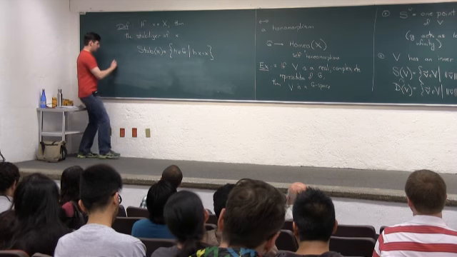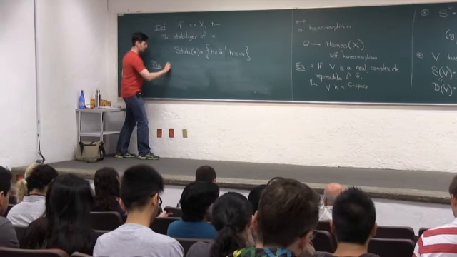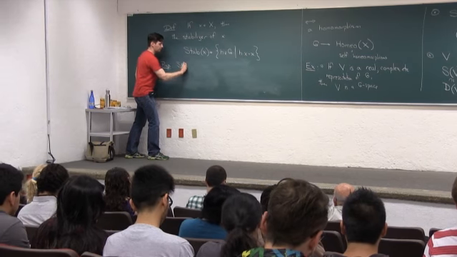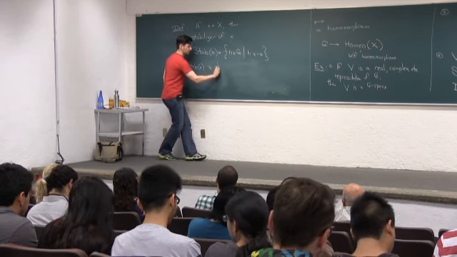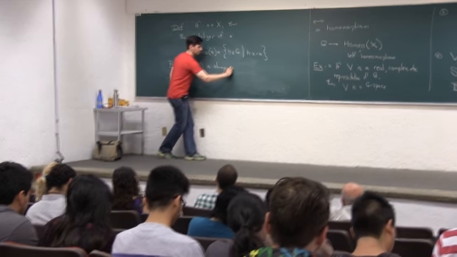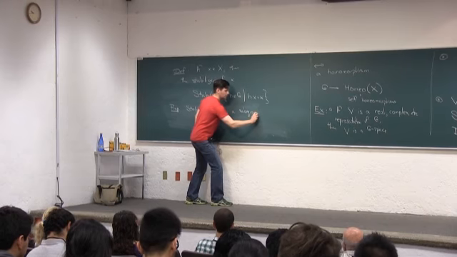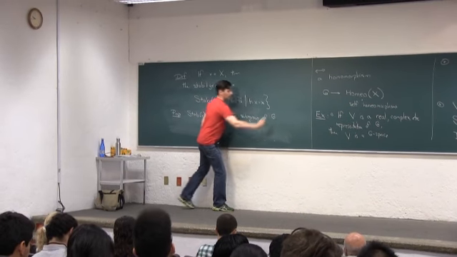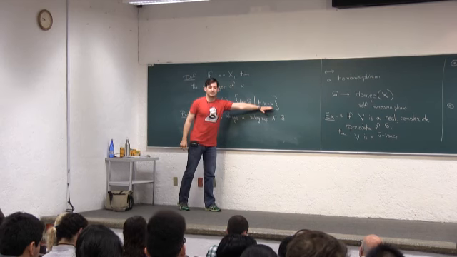But in fact, it's not hard to check that this is always a subgroup. It's not hard to check because I just have to check this condition.